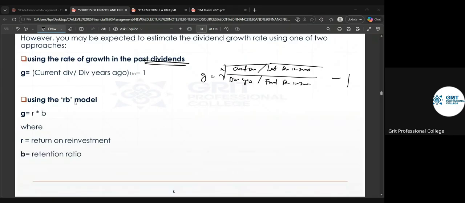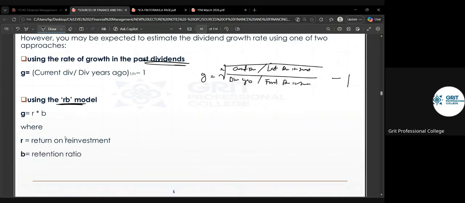The second approach is what we call using the RB model. The R in the RB model stands for the return on reinvestment. All we are saying is that if the company makes profits, they pay out some as dividend and retain some as reserves. The ones they retain as reserves, they use towards developmental projects for the company to grow. The return on the amounts they have reinvested is given to you as a percentage. It could be 20%, whatever it is.